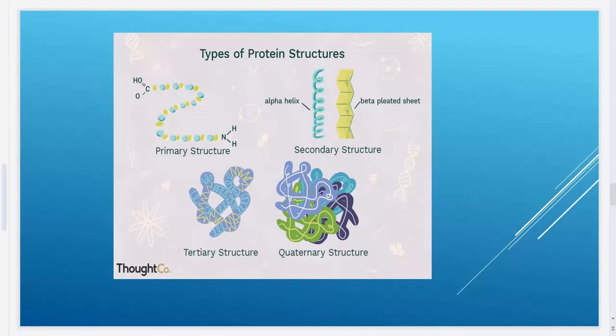The second type of secondary structure in proteins is the beta-pleated sheet. This structure appears to be folded or pleated and is held together by hydrogen bonds between polypeptide units of the folded chains that lie adjacent to one another.